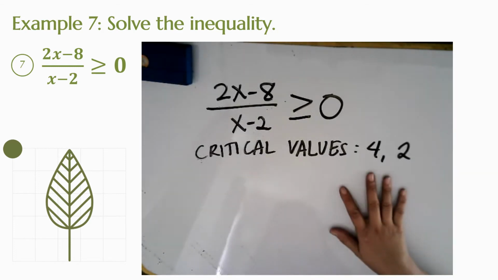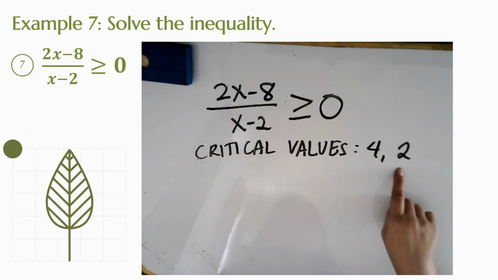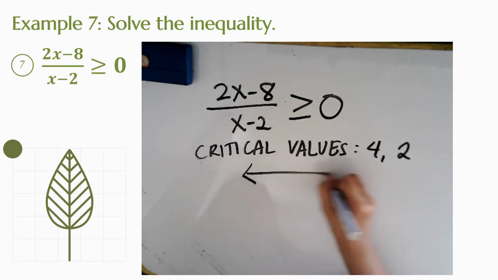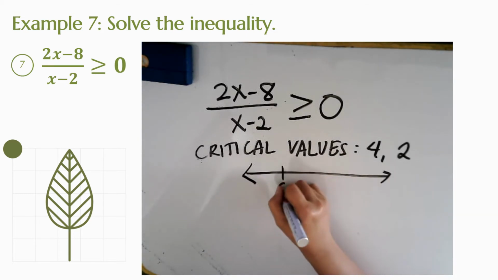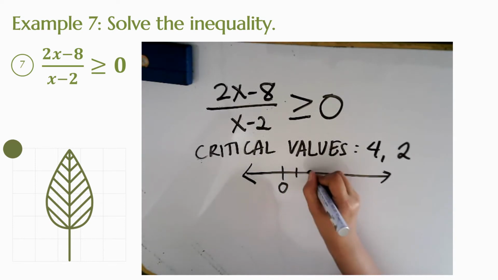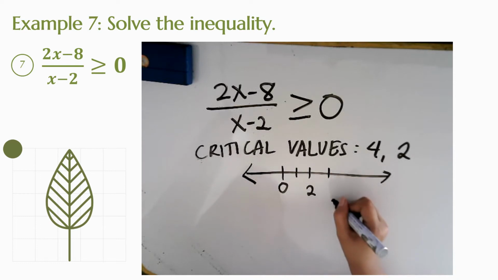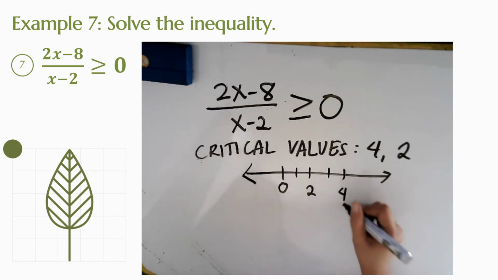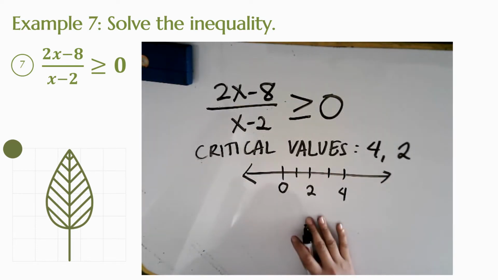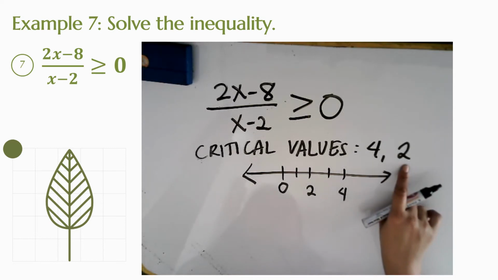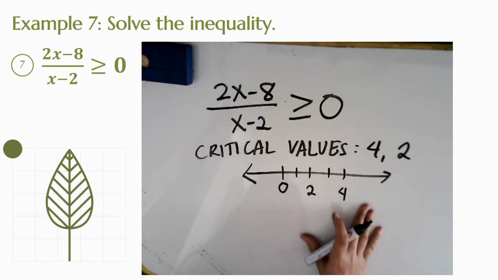So the critical values are 4 and 2. So we're going to draw it on a number line. If 0 is located here, then we will have 2 over here, and then 3, and then 4 over here. Now, we need to know if these critical values are included in the solution.